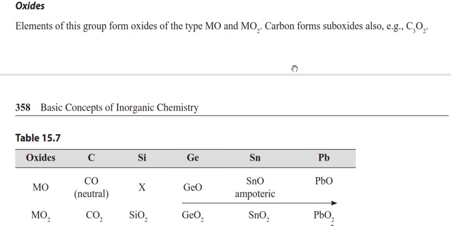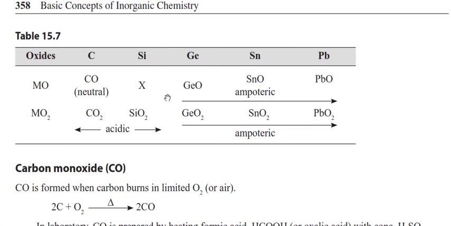Oxides: you can easily make oxides like MO or MO2 kinds of things, or sometimes carbon also forms a suboxide like the C3O2 structure. So all these three types of oxides we will see. Mostly all the materials form this kind of oxides and dioxides.